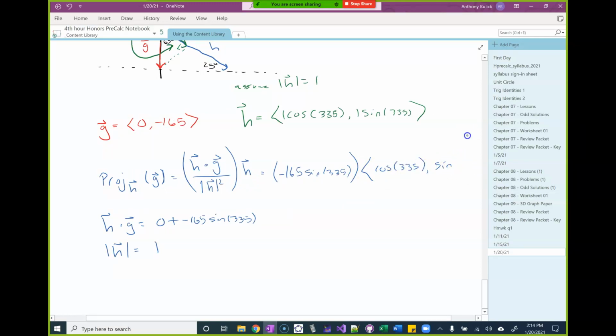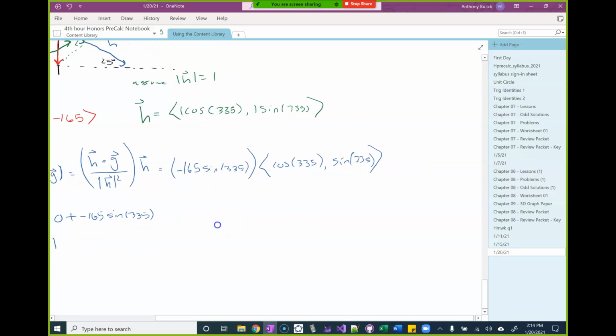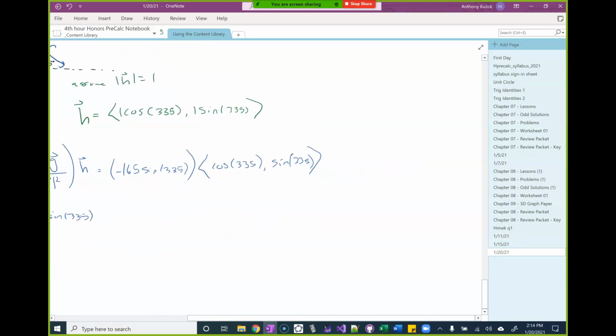And when I type that into my calculator, I get 63.20, comma, negative 29.47. So that's my vector for the projection.